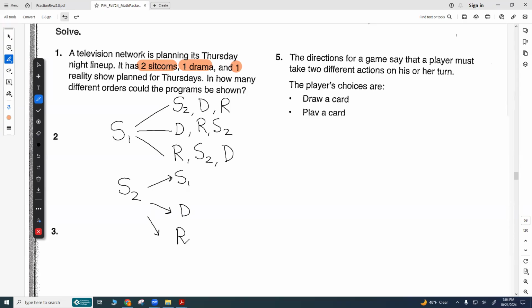Okay, sorry. Keep getting distracted. So then the same would be true for our drama and for our reality show. We would have 2 different combinations of 3. So then we end up with 8 combinations of 3, which is 24 total combinations.